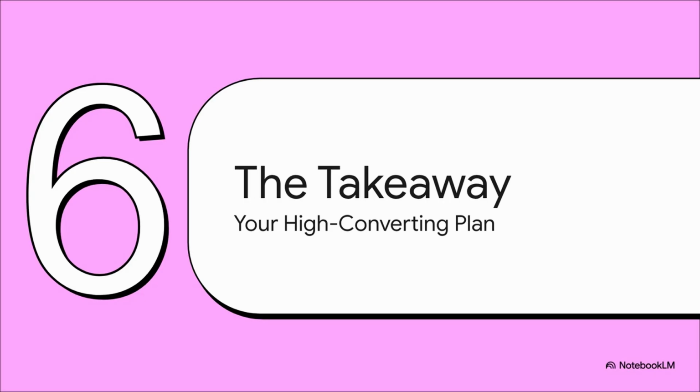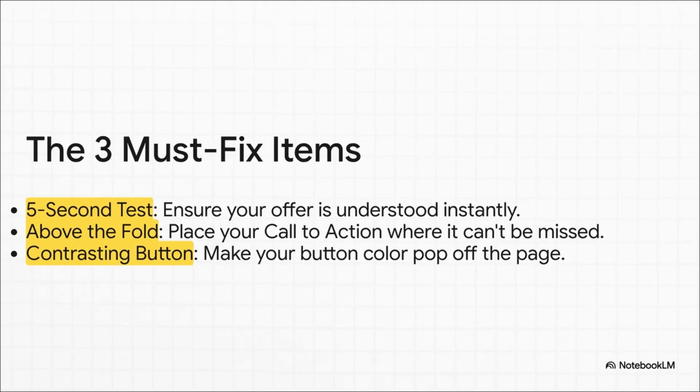Okay, I know we've covered a lot, so if you're feeling a little bit overwhelmed right now, don't be. Let's just boil this all down to the absolute most critical takeaways, the things you can go and implement right away. So if you do nothing else, please do these 3 things. Number 1, make sure a total stranger can understand your offer in 5 seconds flat. 2, put your sign-up form and button where they absolutely can't be missed.